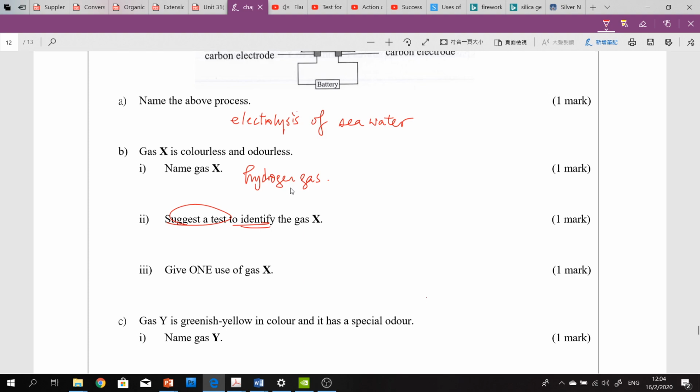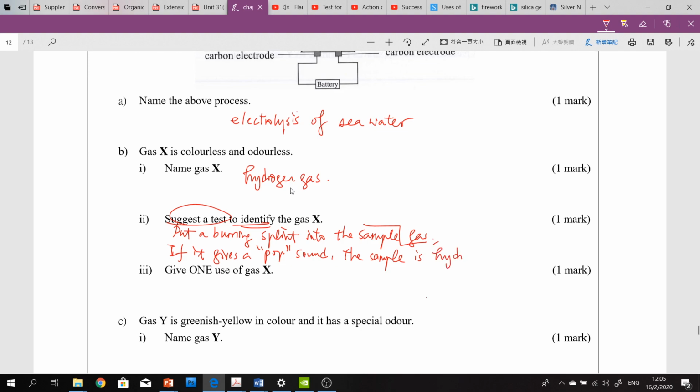Put a burning splint into the sample of gas, and if it gives a pop sound, the gas is hydrogen.